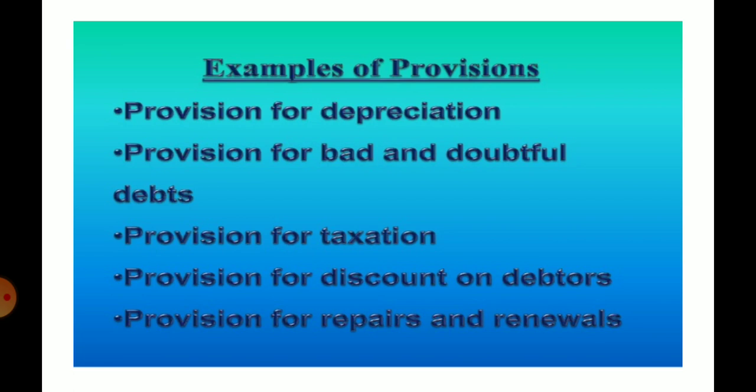Provision is made to meet a known liability when the amount of such liability cannot be determined. It can only be made as an approximate amount. It is helpful in knowing the true profit of the business, financial position, future losses, and distribution of expenses.